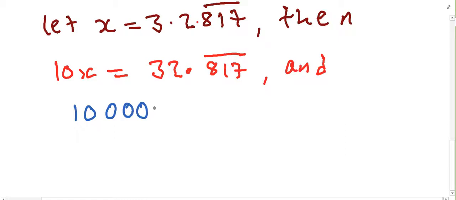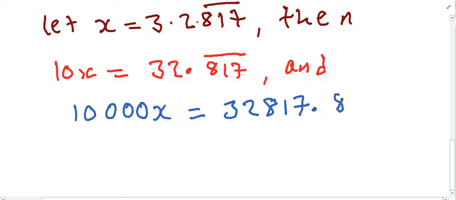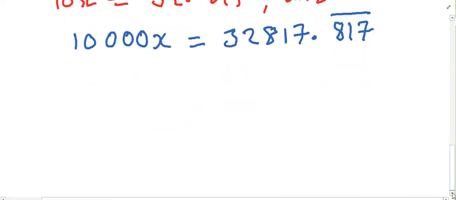So 10,000x is simply equal to 32817 point, and because 817 is repeating itself, you write 817 there, bar. Look at that. Wow, this simply means that our work is now being simplified.